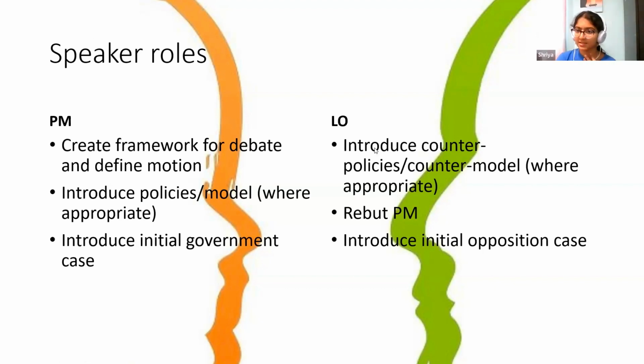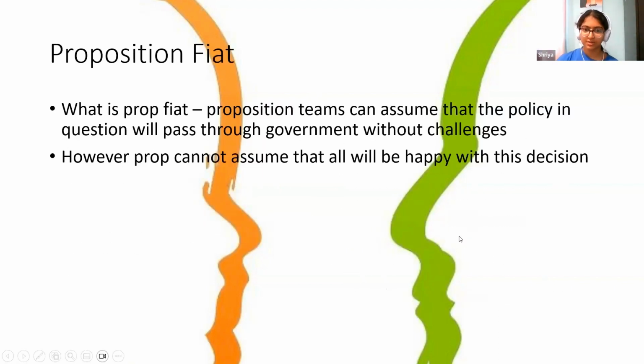I have a question. Yeah, go ahead. So for the proposition fiat, can the opposition say this goes against the Constitution or no? No, you can't say it goes against the Constitution. But also, with motions in general, the Constitution is a very American concept, right?